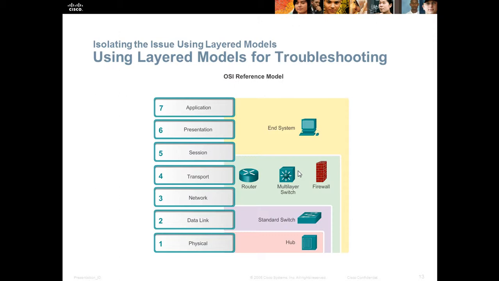Then there are issues related to the transport and network layers, which include devices such as routers, multilayer switches, and firewalls. When the issue is related to the data link layer, we will talk about the standard switch, and when it comes to the physical layer, the hub.